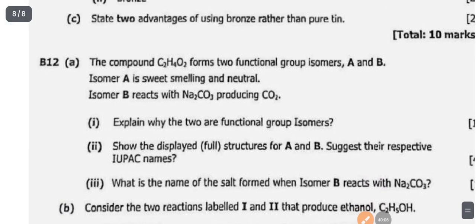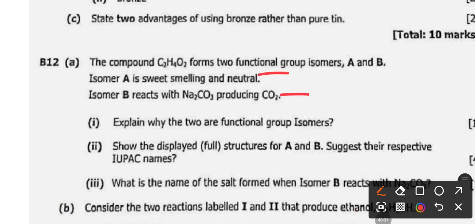Let's answer this last question. The compound forms two functional group isomers A and B. Isomer A is a sweet smelling compound and neutral. Isomer B reacts with sodium carbonate, producing carbon dioxide. Just from these two statements, we can verify that isomer A is an ester and isomer B should be a carboxylic acid.